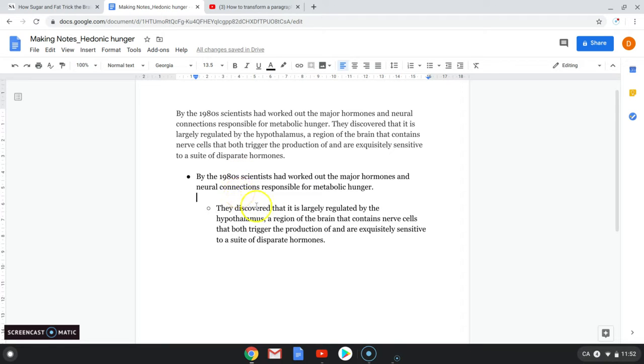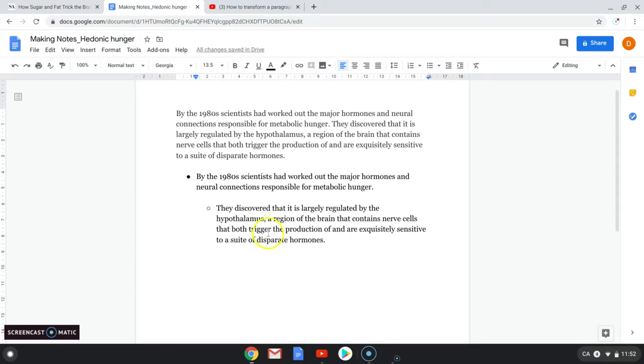This big long sentence, let's chop it up. They discovered that it is largely regulated by the hypothalamus. And then what comes after that, I mean, that's one idea. It's largely regulated by the hypothalamus. A region of the brain that contains nerve cells that, okay, so it's a region of the brain that contains nerve cells. And these nerve cells, they do something.